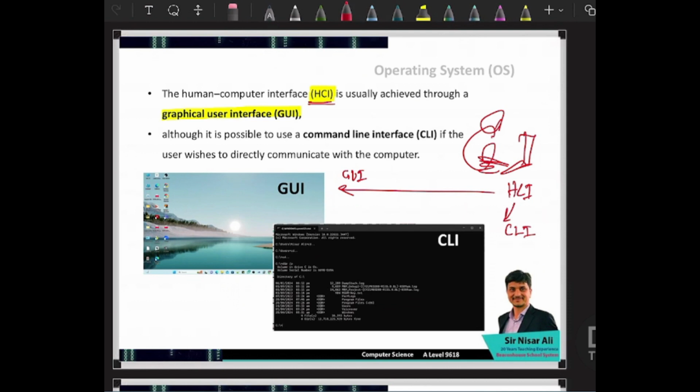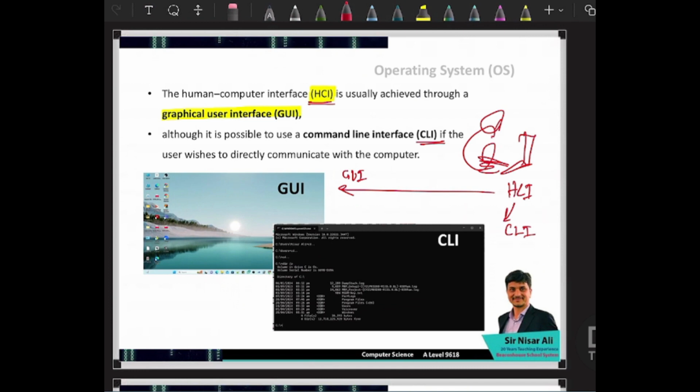Or there is another, more direct, more complicated way rather, with the help of the CLI, where you are writing commands on the screen, and every command instructs the computer to perform an action, like dir, with switches like \p, so page wise.